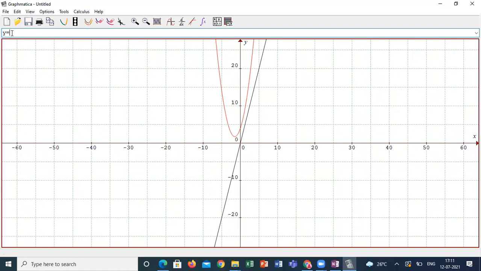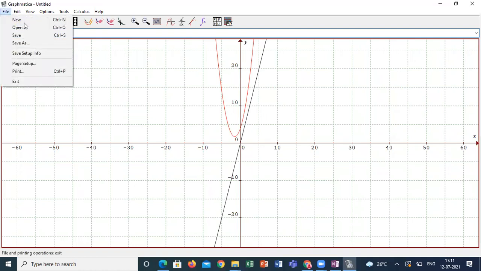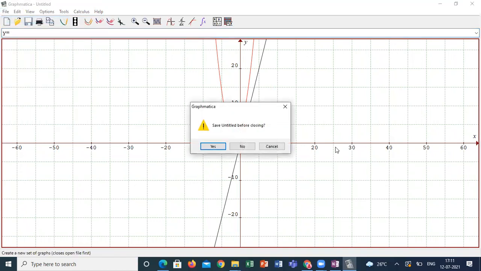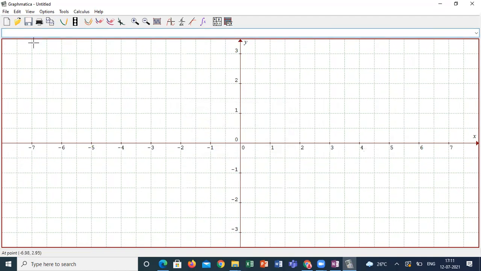a graph like this, I will tell you the names of some standard piecewise functions we are going to discuss today, and the domain and range of the standard piecewise functions. y equals mod x by x. See this graph.